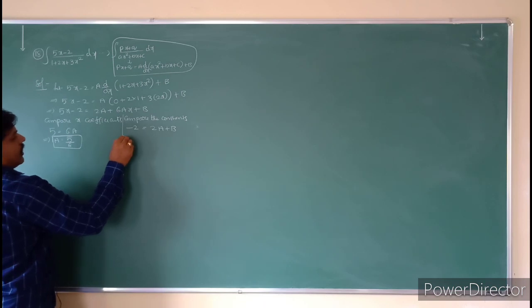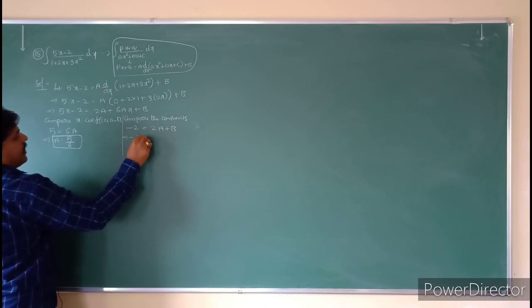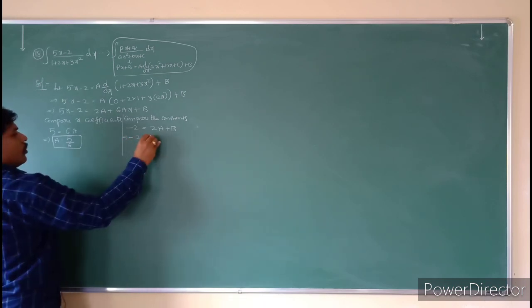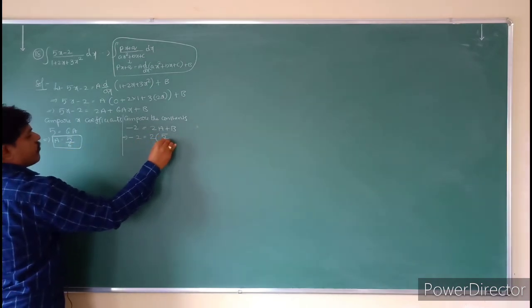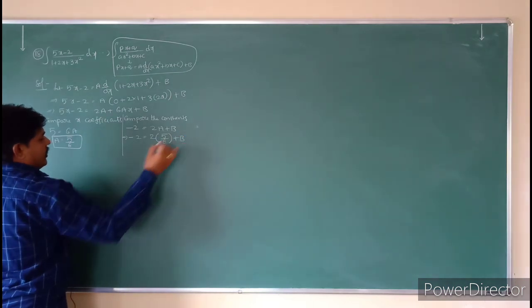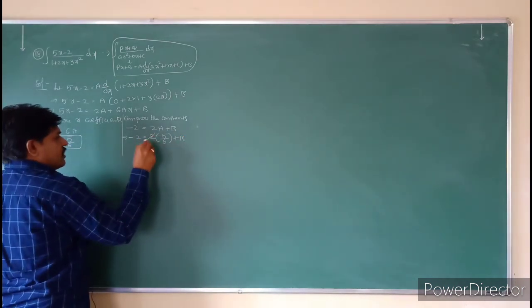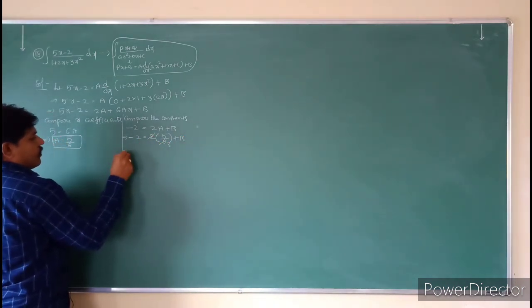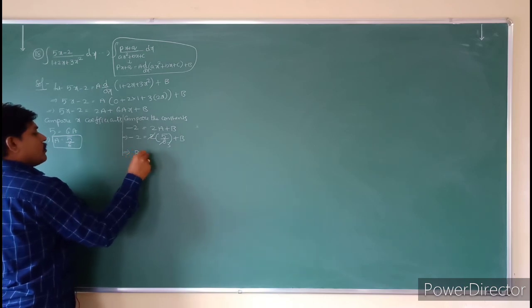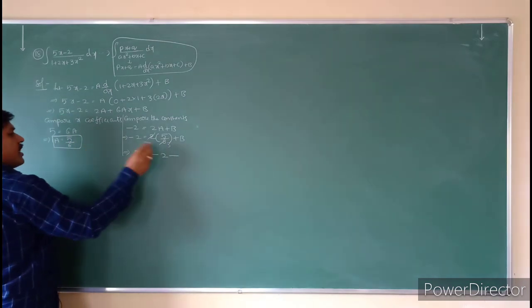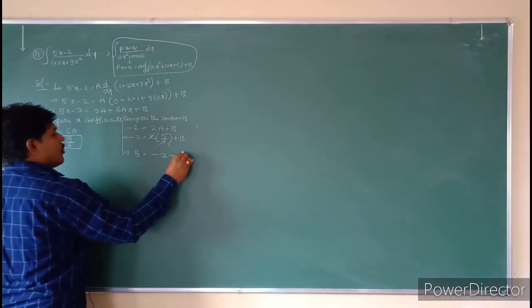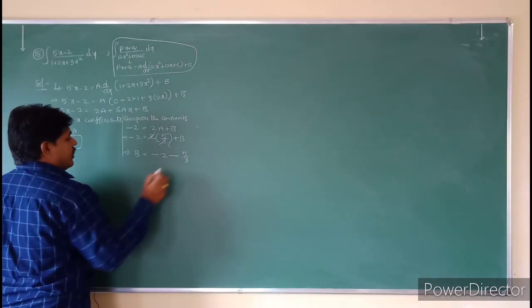So that implies minus 2 is equal to 2 into a value, which is 5 by 6, plus b. So you can cancel that 3 times. That implies b is equal to minus 2 minus, taking this to the other side, it becomes minus 5 by 3.